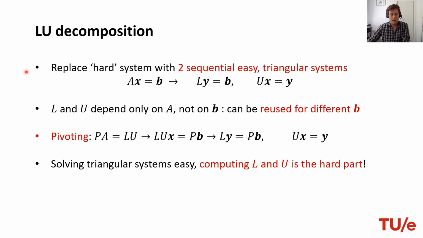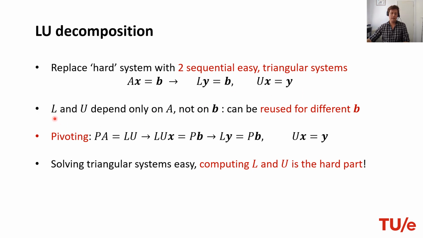Wrapping up on the LU decomposition, the whole idea is to replace this single hard system to solve, Ax is b, with two sequential easy triangular systems. With the first, a lower triangular system that can easily be solved through forward substitution, and an upper triangular system that can be solved through back substitution.